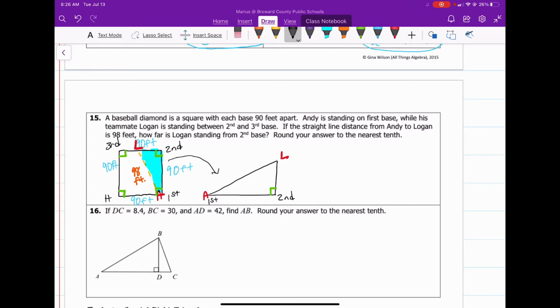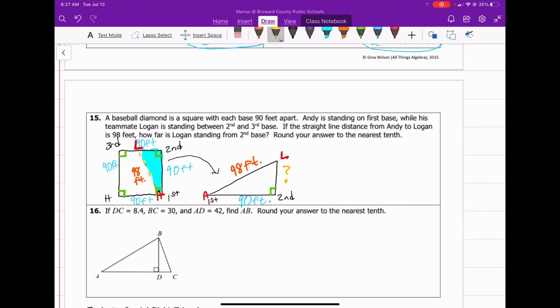This distance between them is 98 feet. And we know the distance between first and second is 90 feet. Okay. They want us to find out how far Logan is from second base.